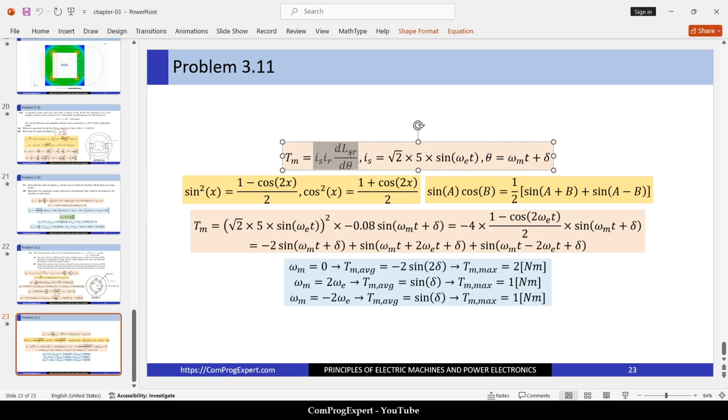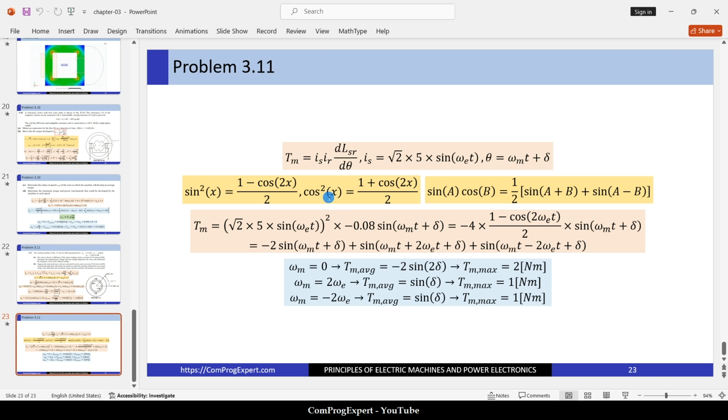This is the equation that we discussed. So Is is equal to IR. The magnetic torque will be equal to Is to the power 2, because Is is equal to IR, times the derivative of this function.